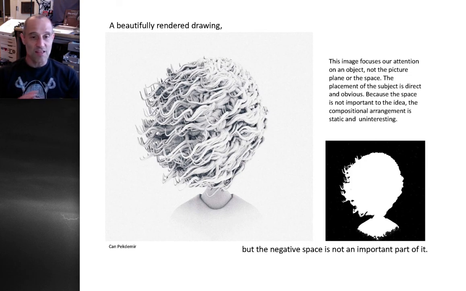Now, I'm not saying that this is a bad thing. What I am saying is that I want you to become more sensitive to this, so that when you choose to do this, it's not by default that you're no longer thinking about the negative space. It's that you're aware of it, and by your choice, you're saying it isn't important to what I'm representing.